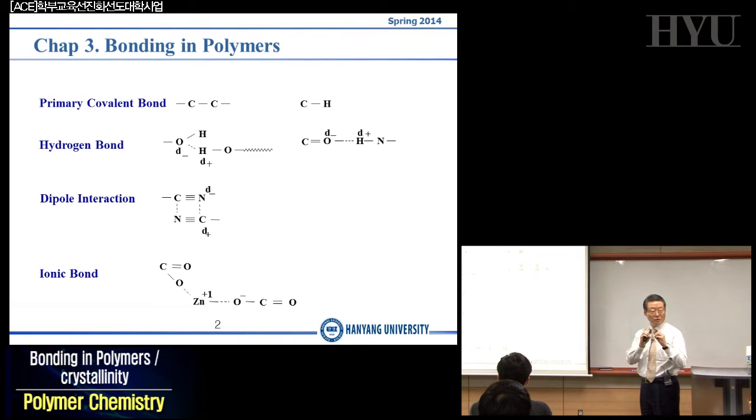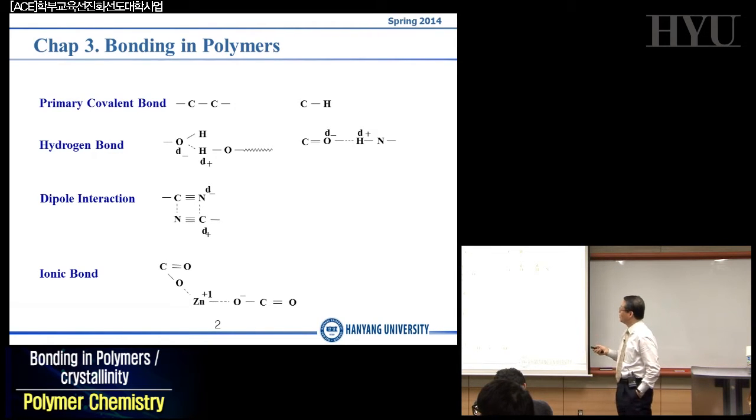The electronegative atom will provide the partial charge to the electron-deficient hydrogen. So this is a dotted structure rather than a solid line structure. The solid line represents your covalent bond, whereas the dotted line is partial charge, partial bonding, which is a secondary bonding, right? So hydrogen bonding is one of the important aspects of secondary bonding.